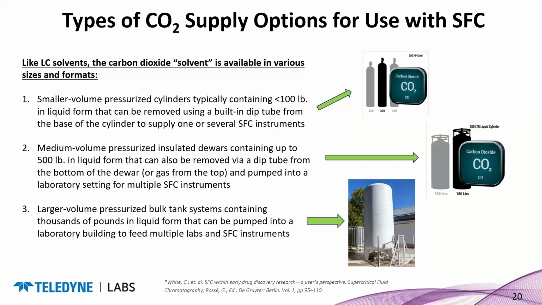You can also get larger dewar type containers that contain more of the product, and we'll go into more detail on those. You could also use bulk tanks outside the building and pipe CO2 into your building and laboratory, much like is already done with commercial gases like nitrogen and so forth.